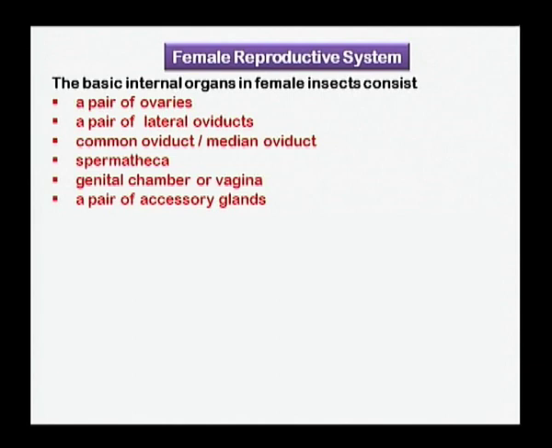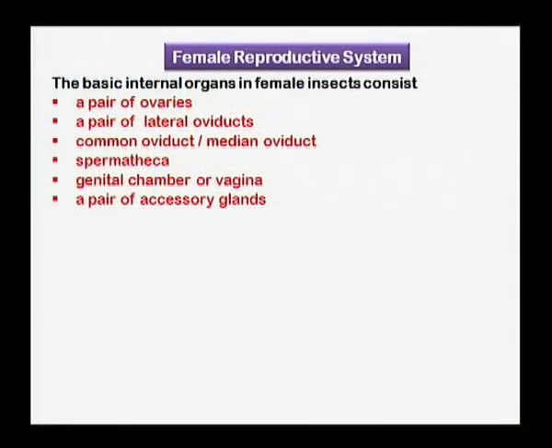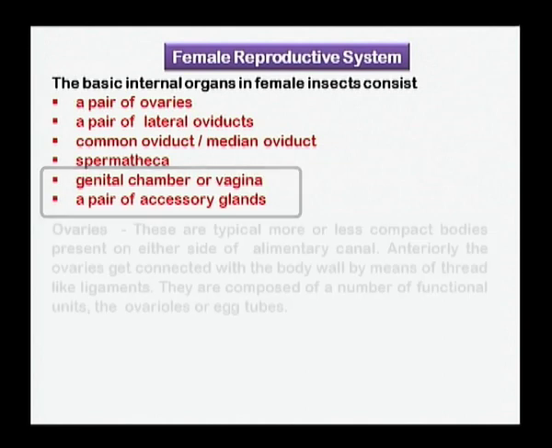Spermathecae are the organs in the female system which are used for storing the sperms at the time of copulation. Besides these structures, the genital chamber or vagina is also a part of the female reproductive system, and this system is assisted by a pair of accessory glands.